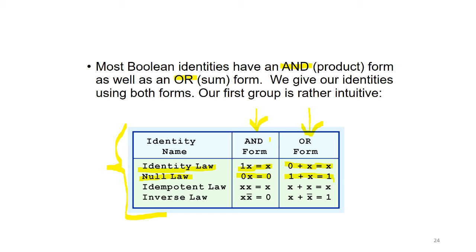Can you tell why I have written this, or is it the right way to do it? Have I done it the right way? 1 plus x equals 1. Is it the right thing to write?